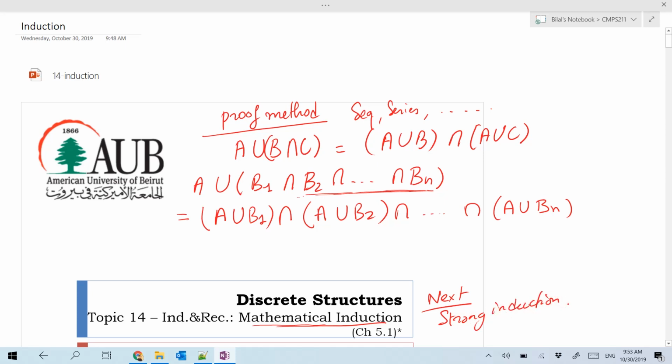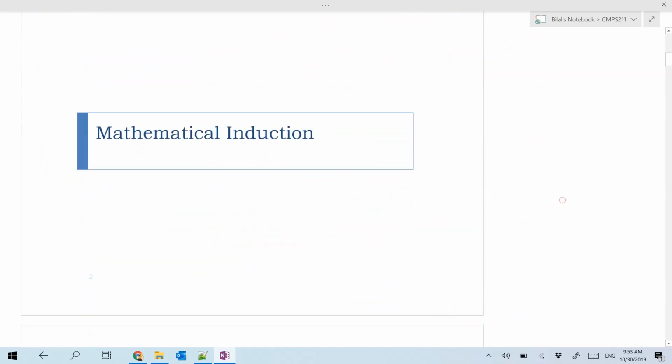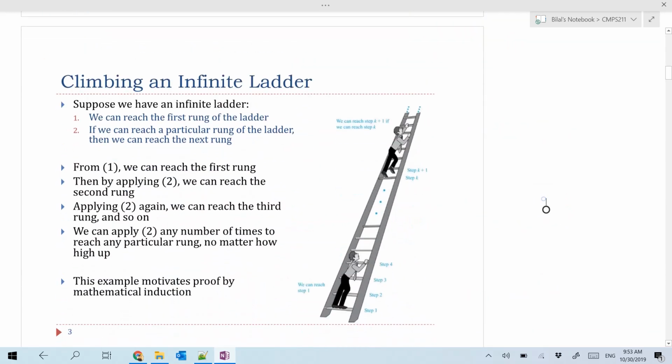So let's dig deeper on induction and argue logically why this really works. The intuition behind it is that imagine you know someone who is already on the step number one of a ladder, and you know that this person can go from one rung of the ladder to the next one. So you can imagine that after a while, and after doing repetitively the same action, this person can go up to whatever rung on the ladder.